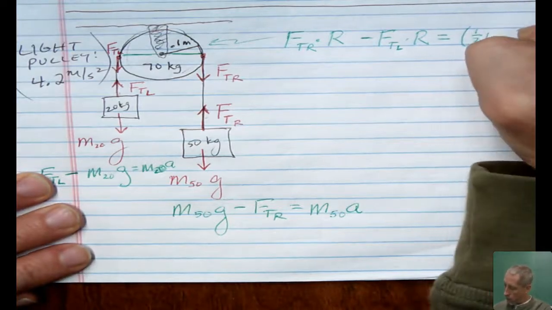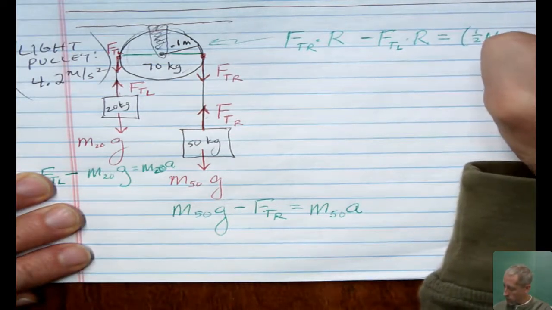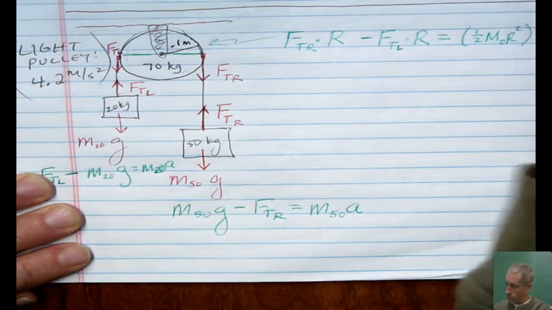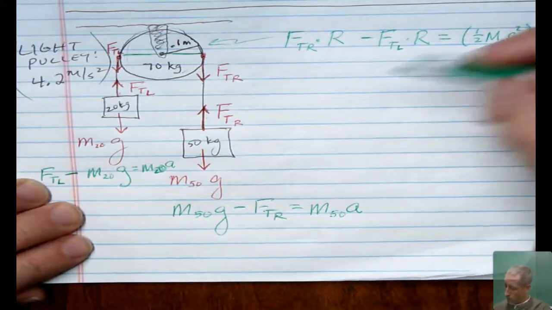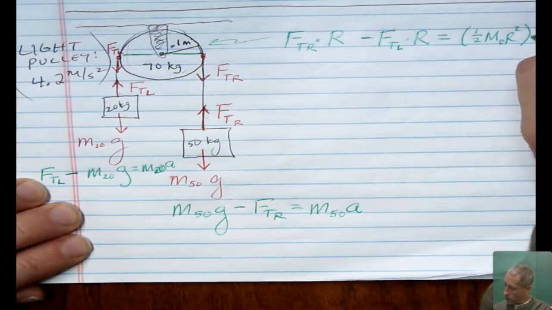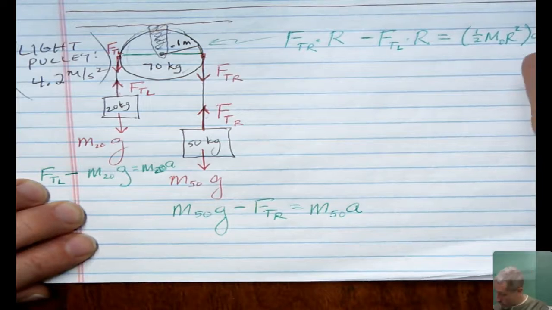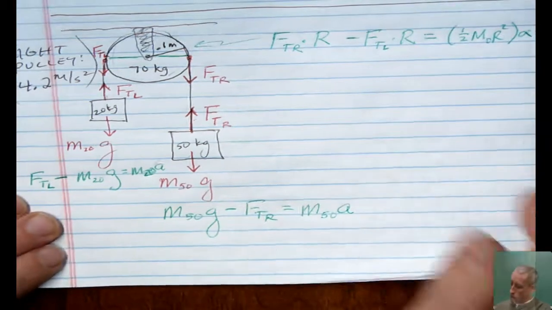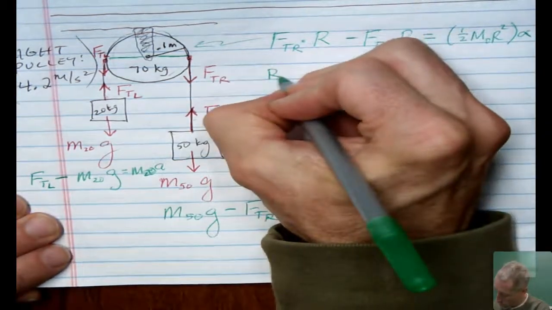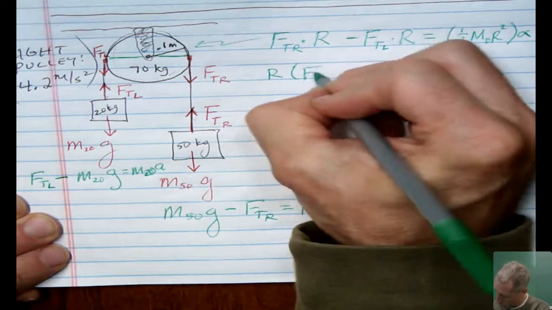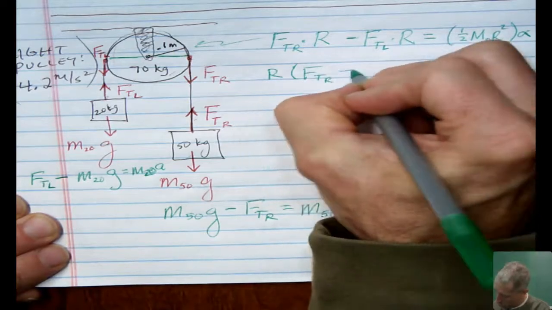Turns out it's 1/2 mr squared, where m is the mass of that disk. I gave you that as 70 kilograms. And then there's alpha. So let me clean this up a little bit. I'm just going to pull the r out over here on the left side. And then we have the right tension minus the left tension.